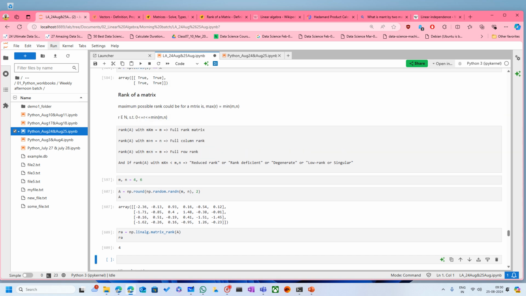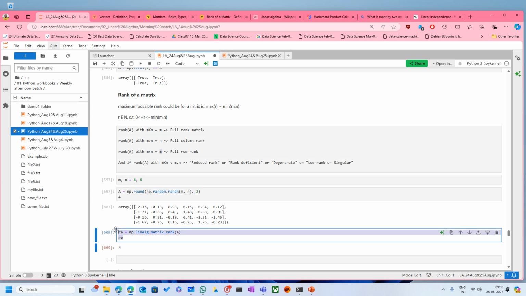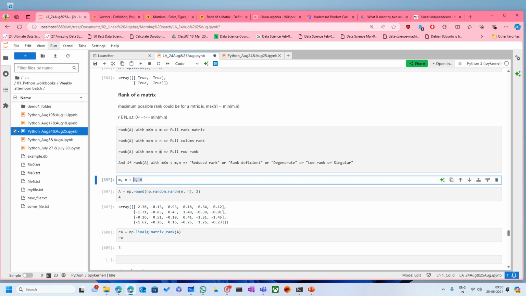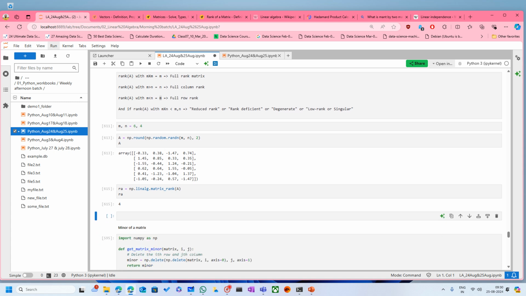If you notice, m is less than n, so the third rule applies. If m value is less than n, then the rank of the matrix becomes m, hence this has a rank of 4. Likewise, if you modify these, let's make this 6 comma 4. You reverse the number of rows and columns.